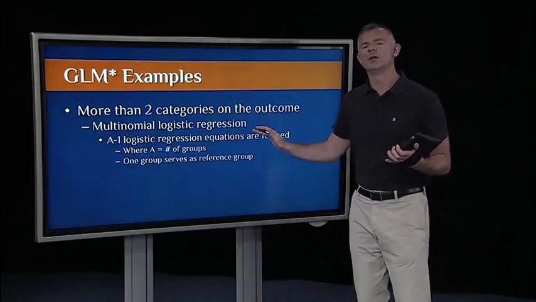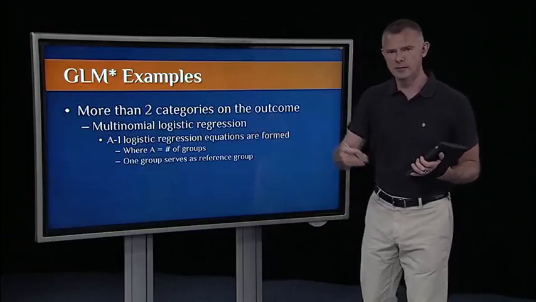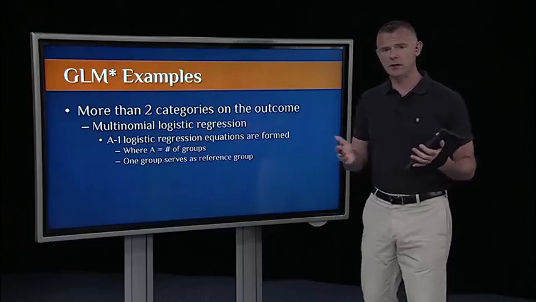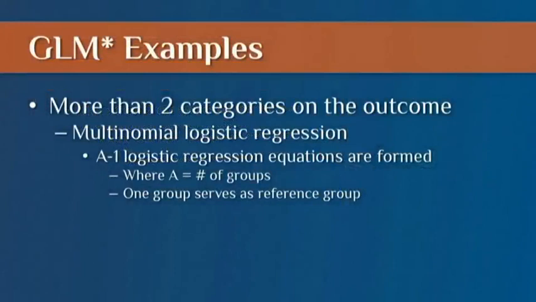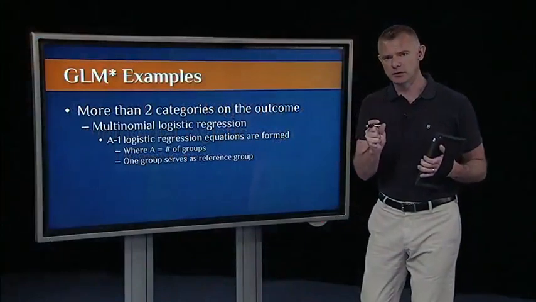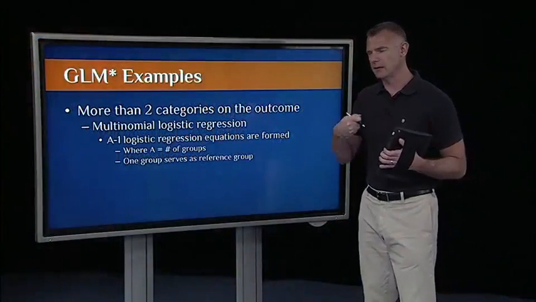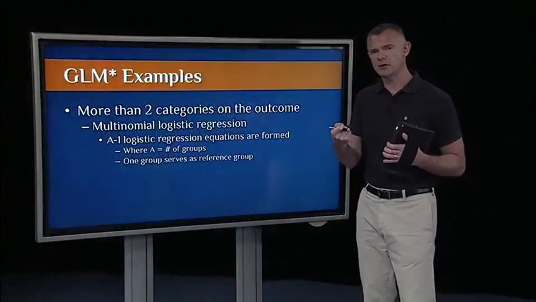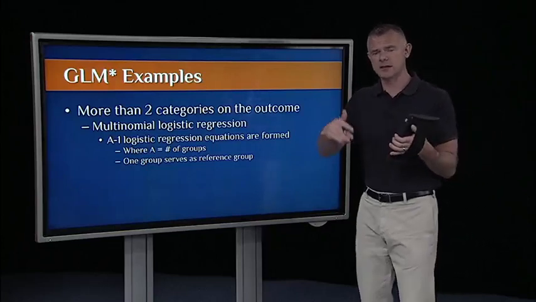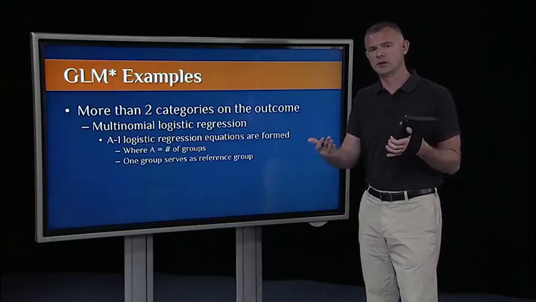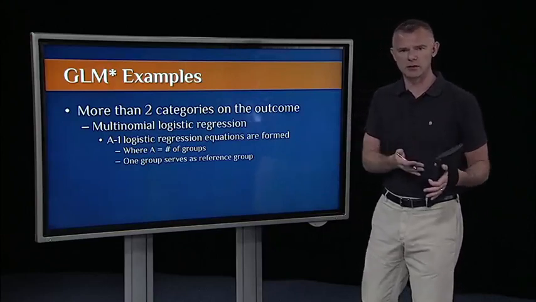If you have more than 2 categories, so we didn't go beyond binary, but you could, right? If you had 3 categories or 4 or more in your outcome variable, then that's just multinomial logistic regression. Again, it's still just the logit function that we would use as the link function, but you would need to create one group as the referent category and then create several logistic functions to compare each to that reference category.